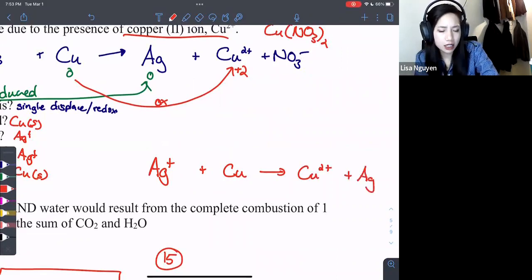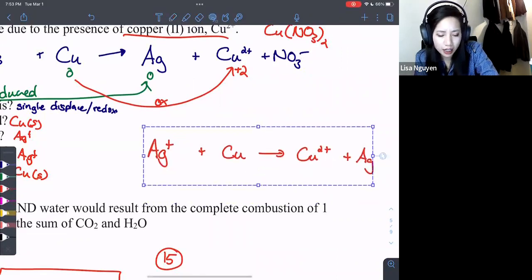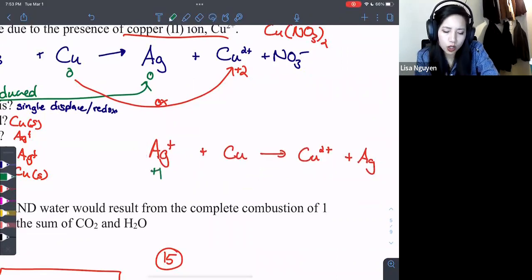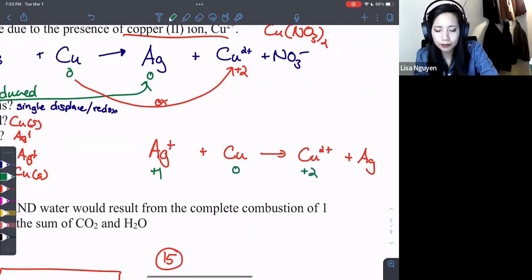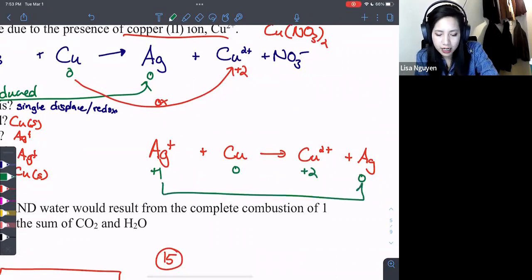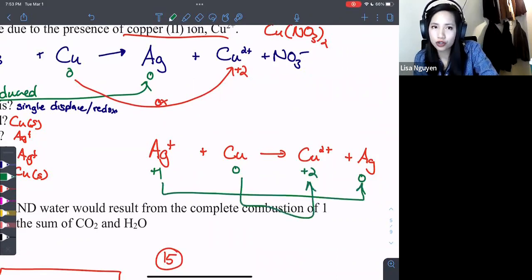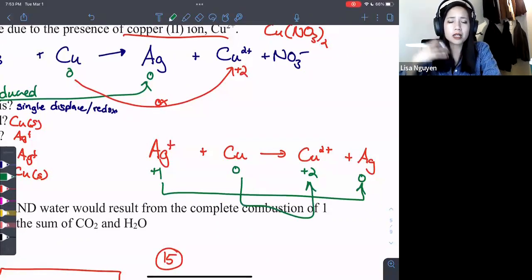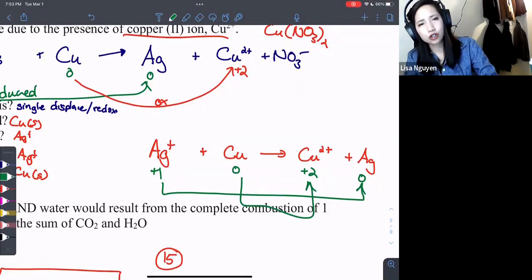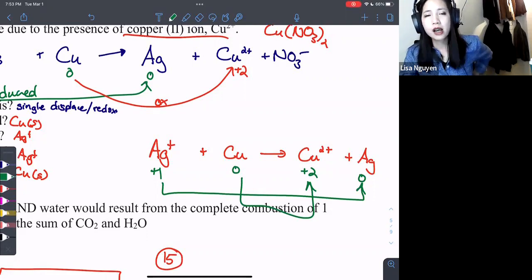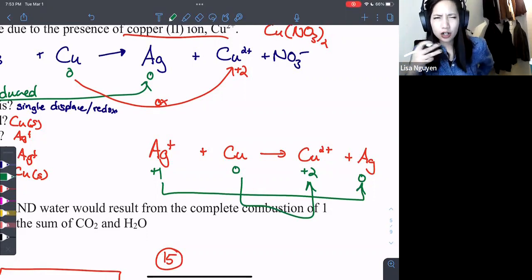Then you can clearly see the charges of everything: +1, 0, +2, 0, and you can see very clearly how the charges are changing. But in this case, I'm telling you a description, and from that description, you should be able to deduce charges from chapter 2 or chapter 3 information that we talked about earlier this term. Okay.